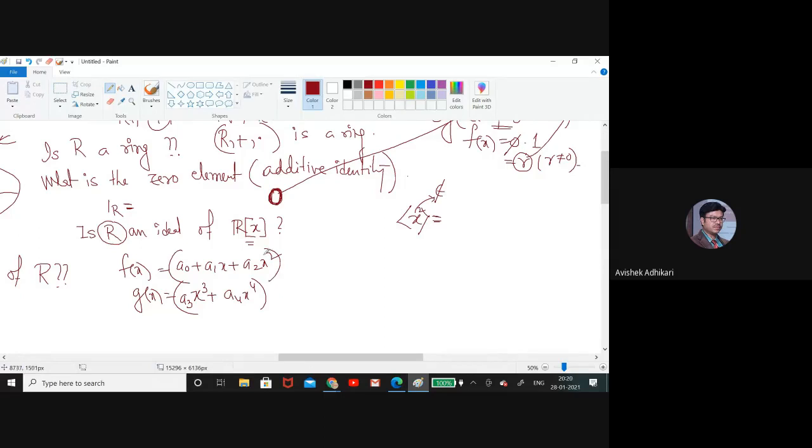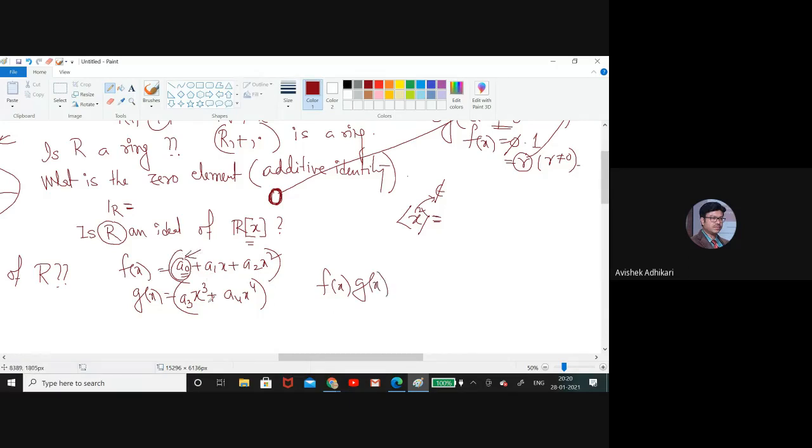I am not giving you the formal proof. This is just to show you. If you multiply them, you can understand that all these coefficients will not be there in the product term f(x) g(x), I mean the constant term.